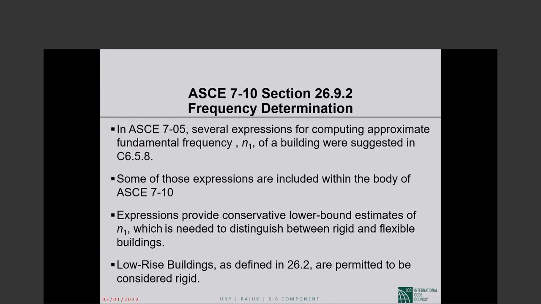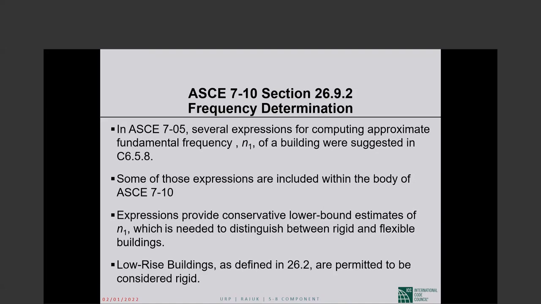Okay. So for a long time, ASC 7 did not tell you how to calculate this frequency, which is the basis of distinction between rigid and flexible buildings. ASC 705 put some expressions in the commentary.